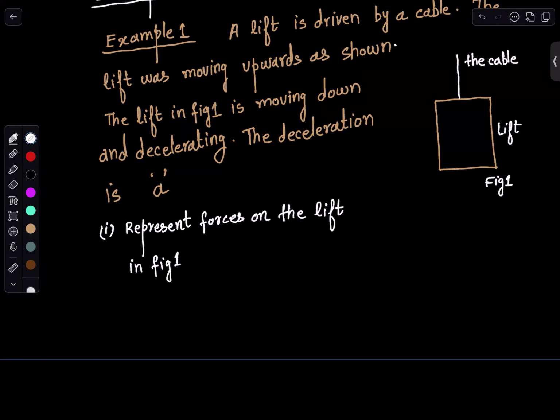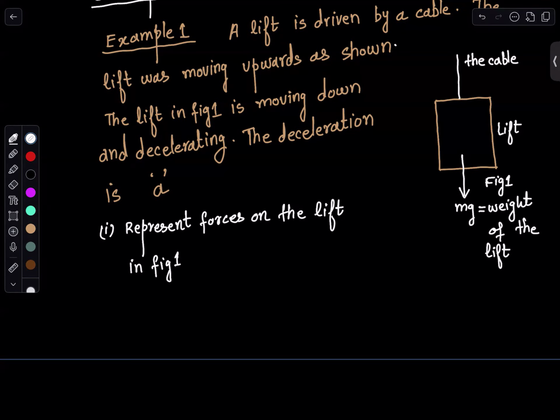So the forces are the weight of the lift, mg, that is acting vertically downwards. And the tension in the cable. Will the tension in the cable be towards the lift or away from the lift?